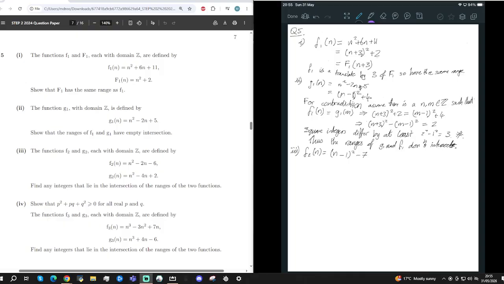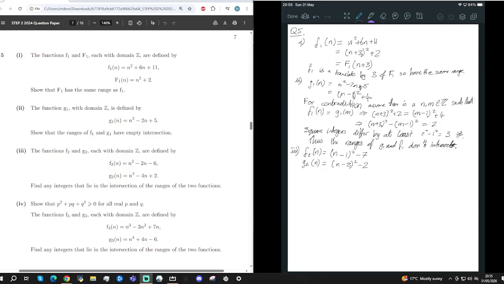So f2, we get n minus 1 squared minus 7, and I am just mentally re-expanding these out and seeing if we do get back to the original, and here I believe we have minus 2. And then if I expand that out in my mind, I do get the plus 2 on the end that I wanted.